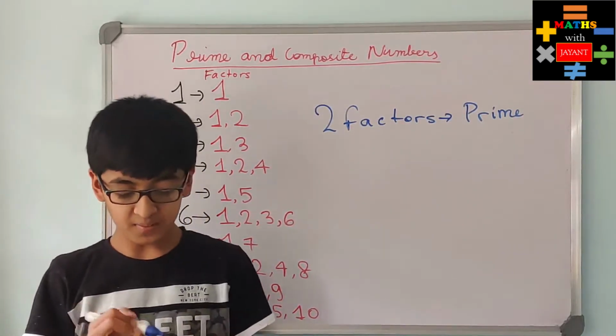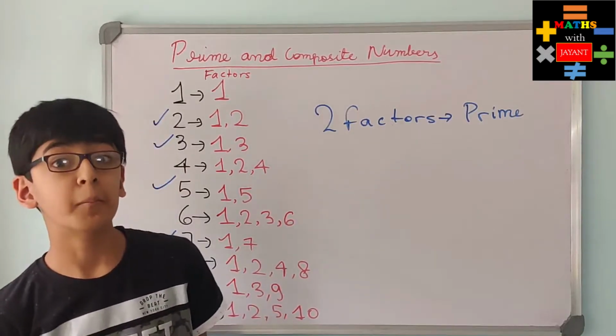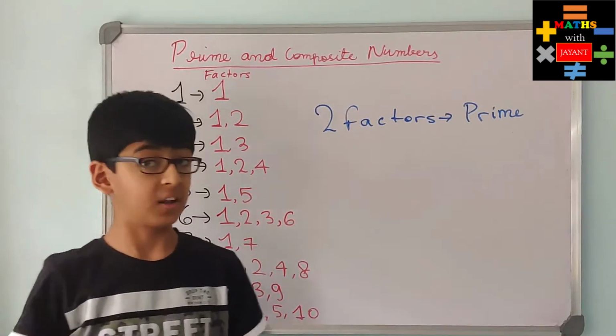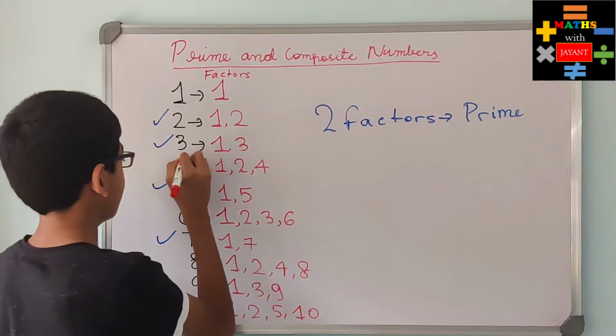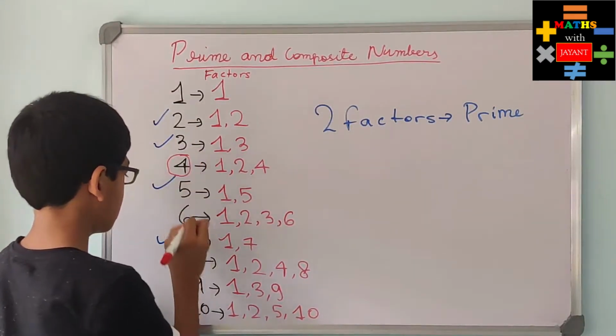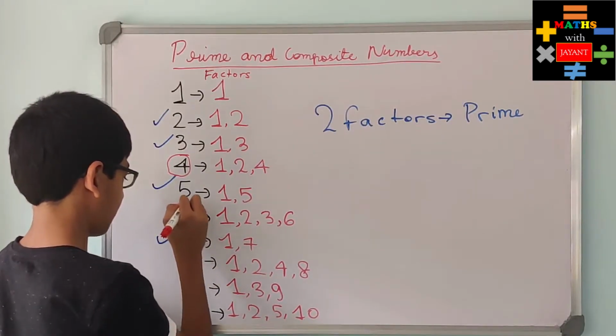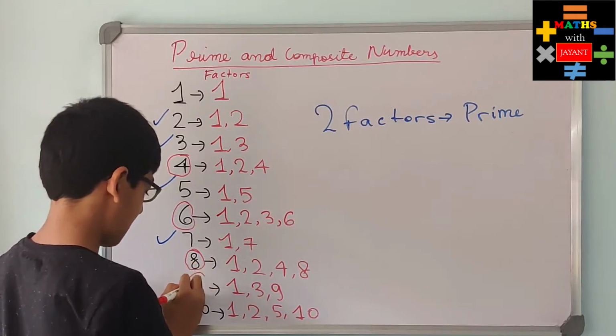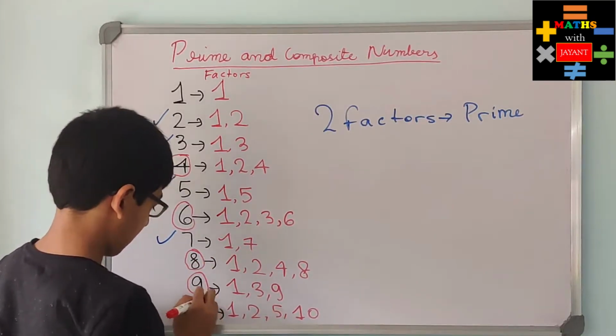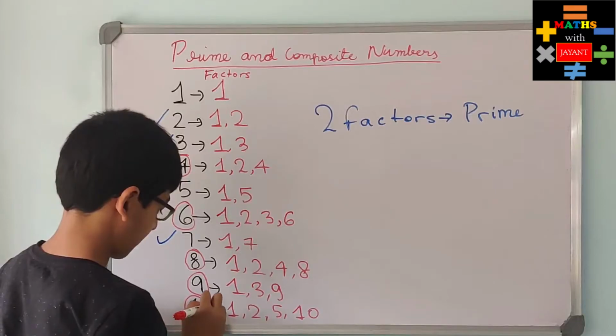Now let's see the numbers that have more than 2 factors. And there are so many of them over here. Like 4, 6, 8, 9 as well as 10.